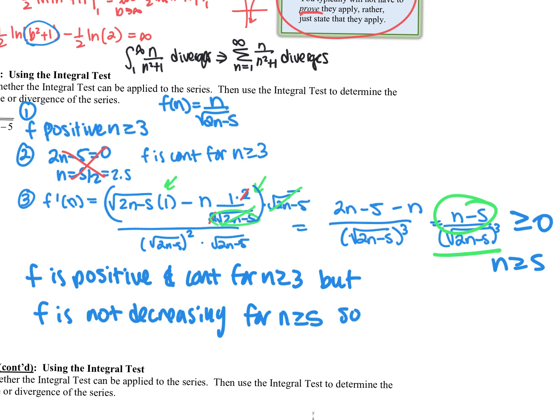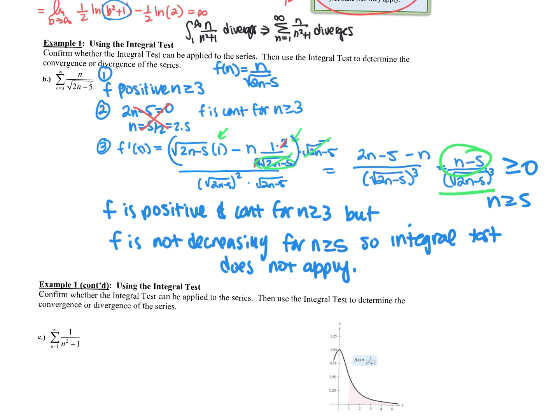So we cannot use the integral test. At the moment, we don't really have something we can do with this, but we'll get a test to be able to test if this converges or diverges. But this is a good example for why you do really have to check these 3 things, because you can only apply the integral test when that happens.